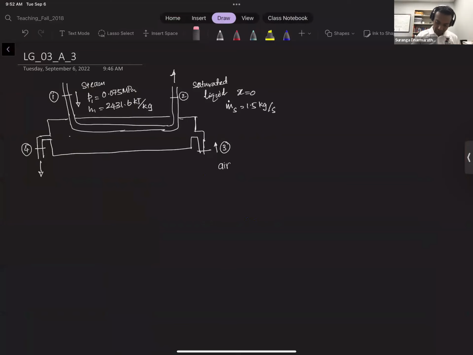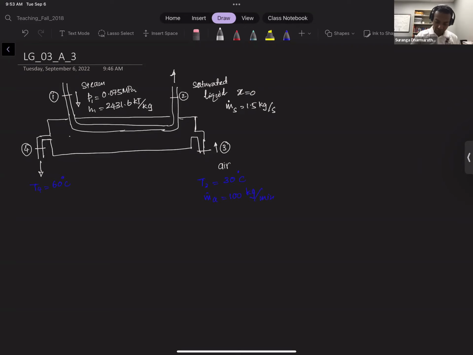T3 is given, and then T4 is given, and also m dot of air is given, 100 kilograms per minute.